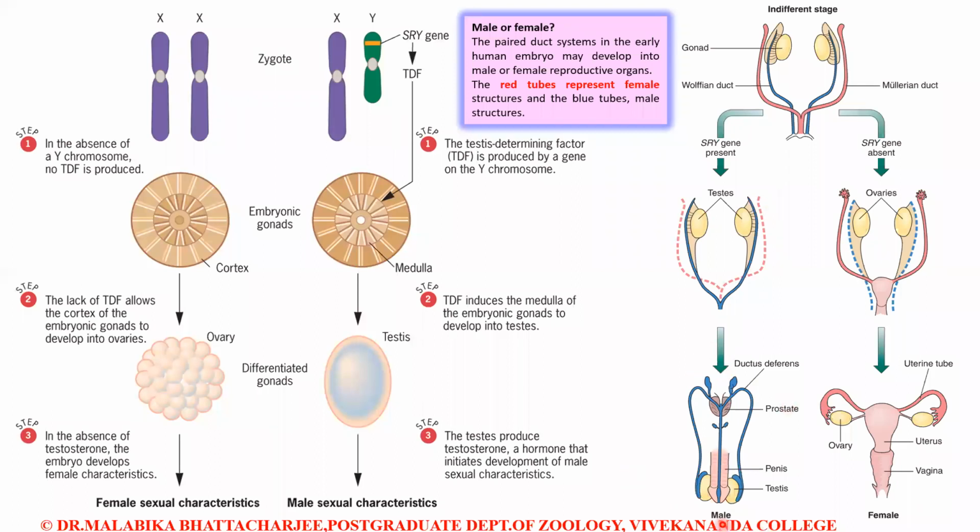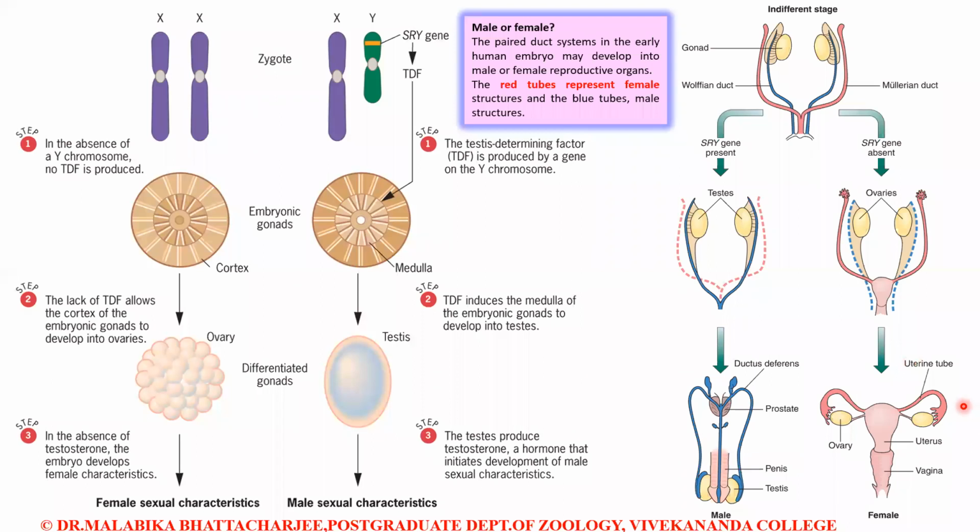But in this case, where the SRY gene is absent, as you can see, the embryonic gonads develop into the female structures, and the Wolffian duct is automatically degenerated. So it is evident that the default fate of the embryo is to develop into a female structure.